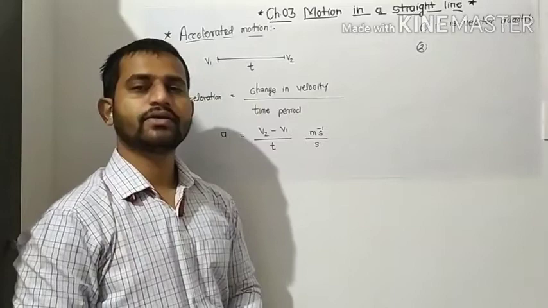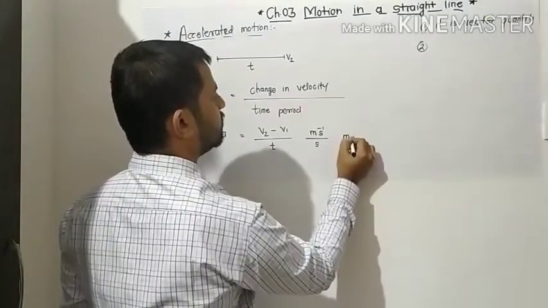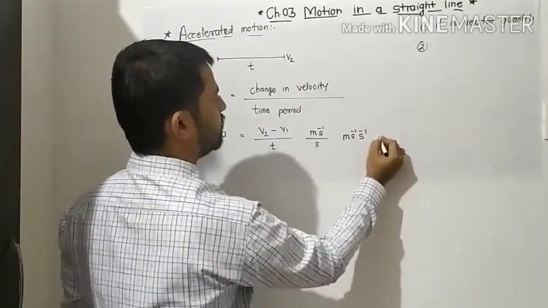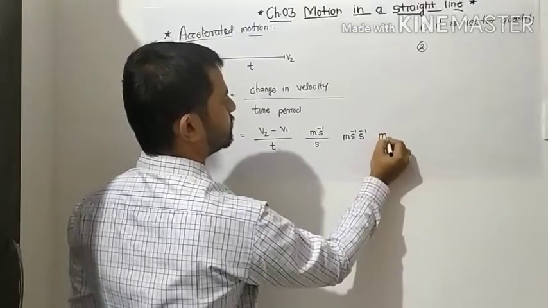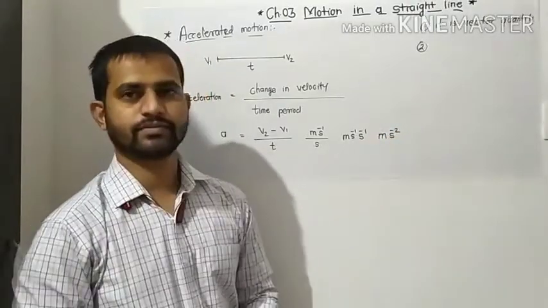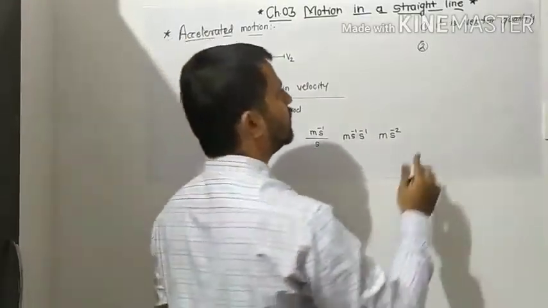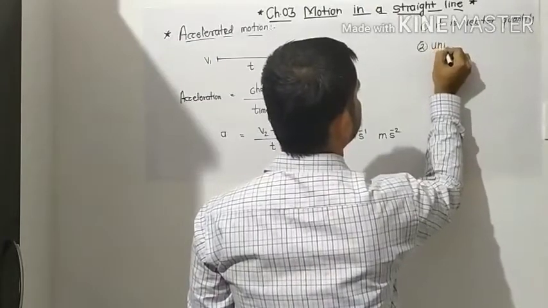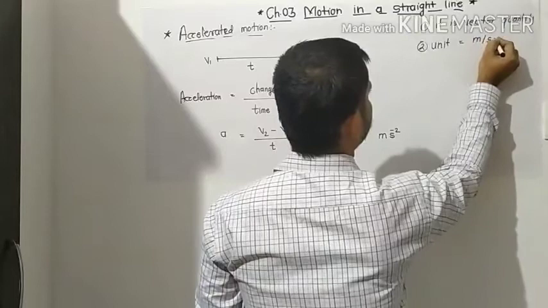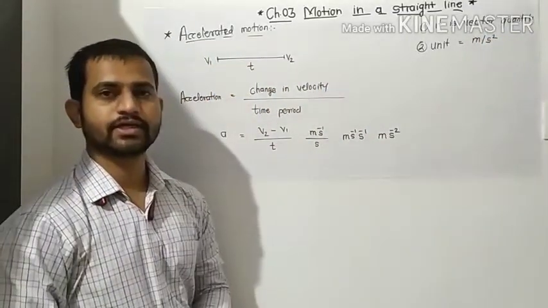So the unit of the acceleration is meter per second per second, which equals meter per second square. That is the unit of the acceleration: meter per second square.